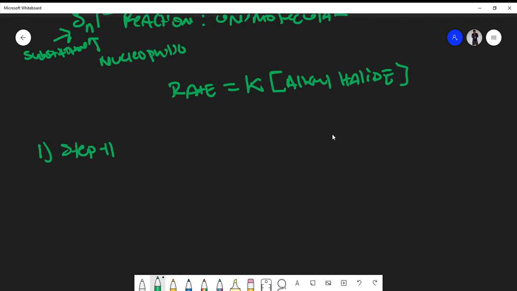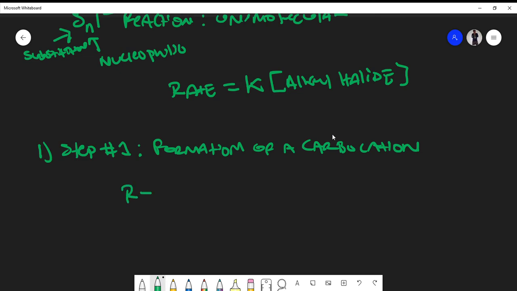So step number 1 is the idea that we have some sort of formation of a carbocation. Right? So the first step in the SN1 reaction is the formation of a carbocation.